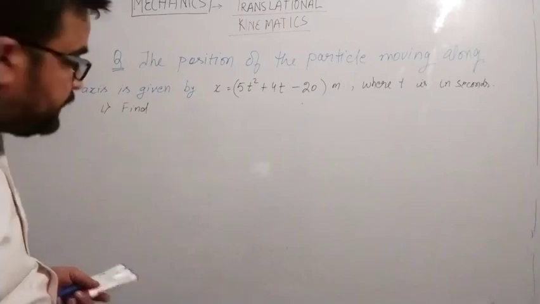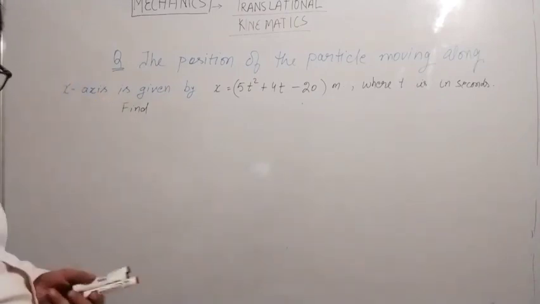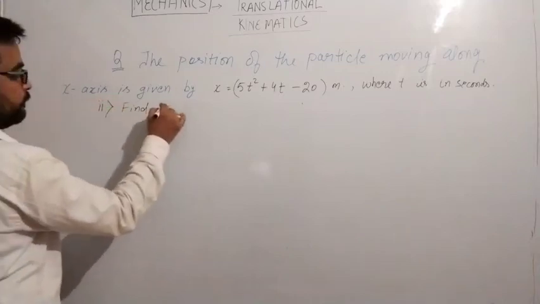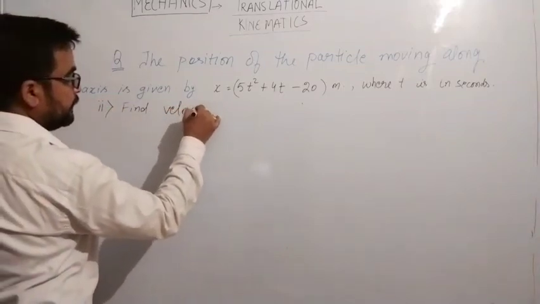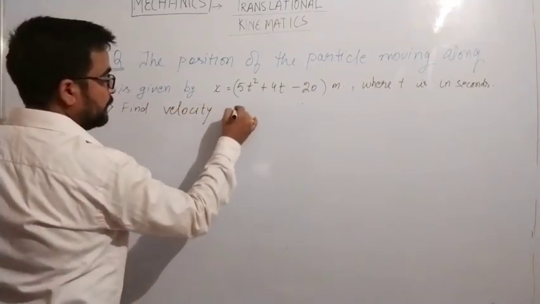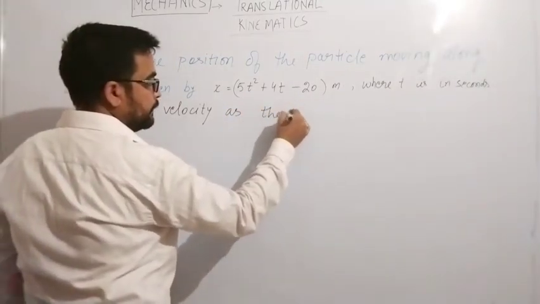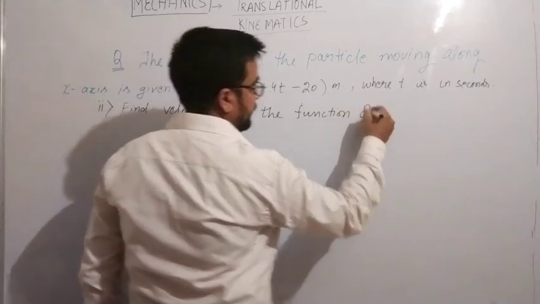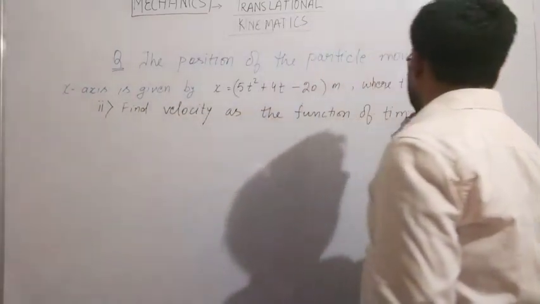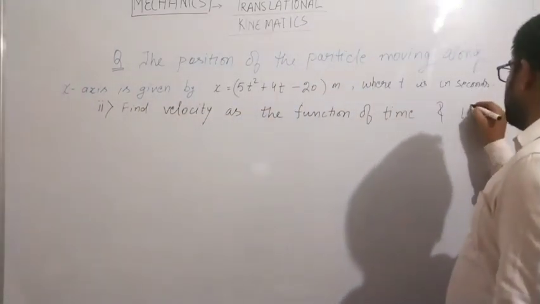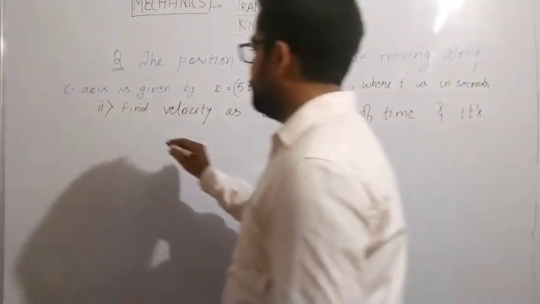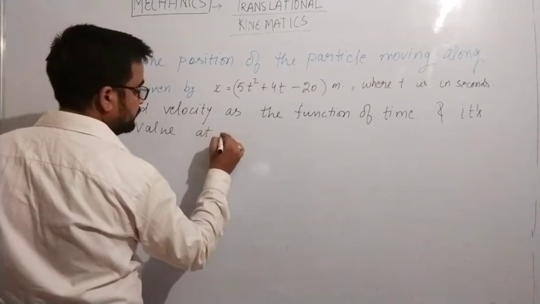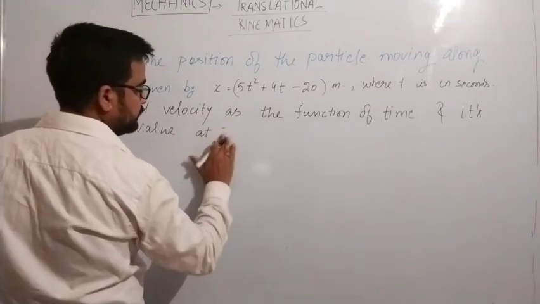So in the next part, second part, find velocity as a function of time, and its value at 3 seconds.